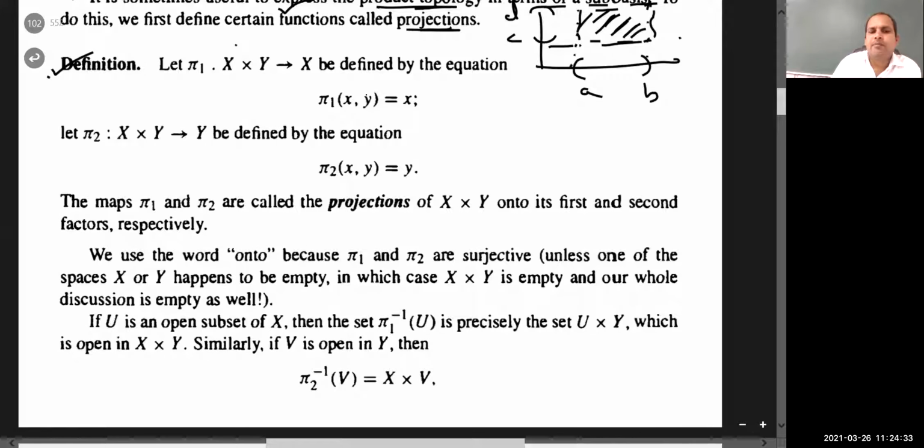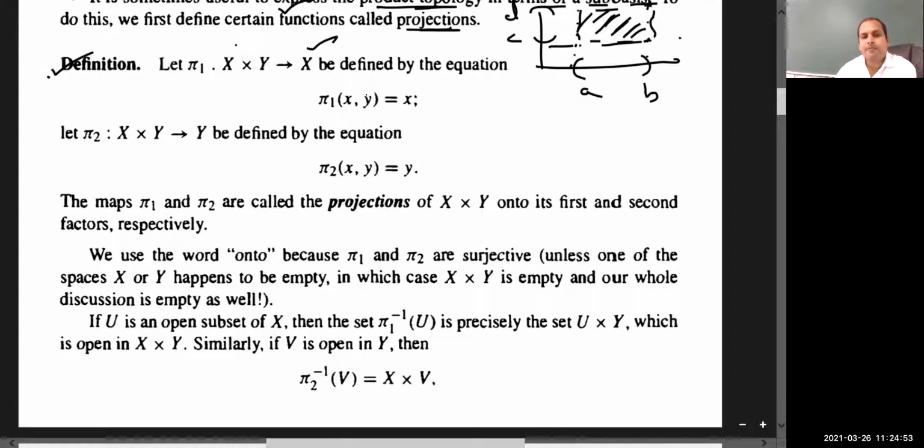Suppose pi1 is a map from the Cartesian product of x and y to x defined by pi1 of xy equal to x. First of all, always try to replace x and y by R, because that case you know, and then try to generalize it.